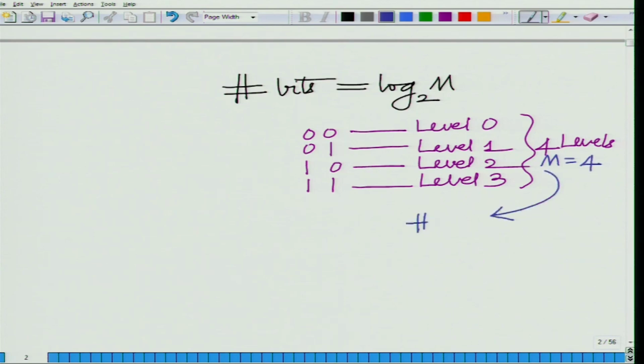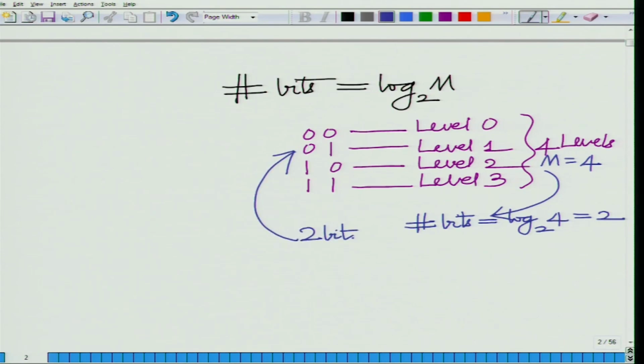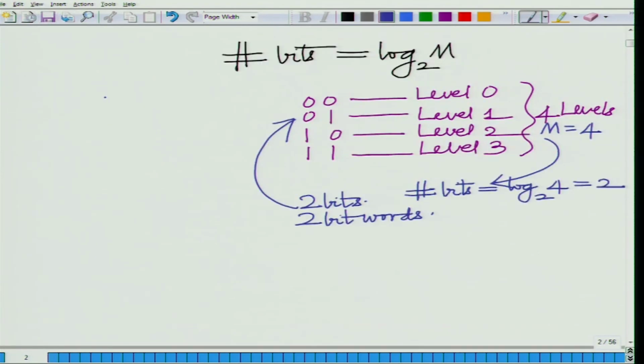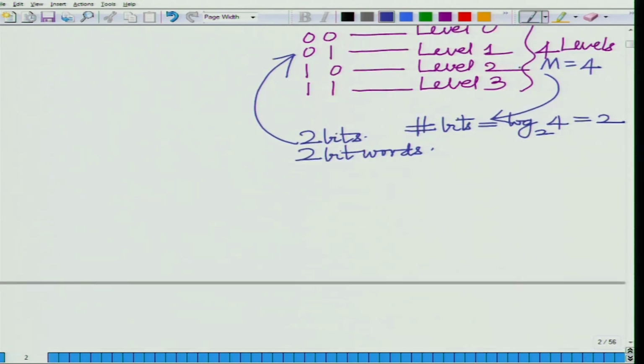Therefore the number of bits is log 4 to the base 2 equals 2, so we have 2-bit words. So in an M-ary constellation each symbol conveys log M to the base 2 bits per symbol.